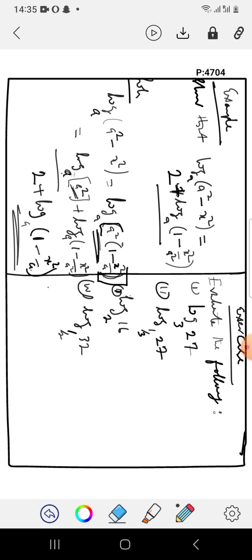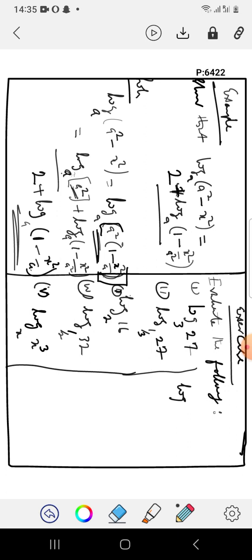Number 5, evaluate the log of x raised to power 3. Then let's look at number 6, log of y raised to power 3 y.